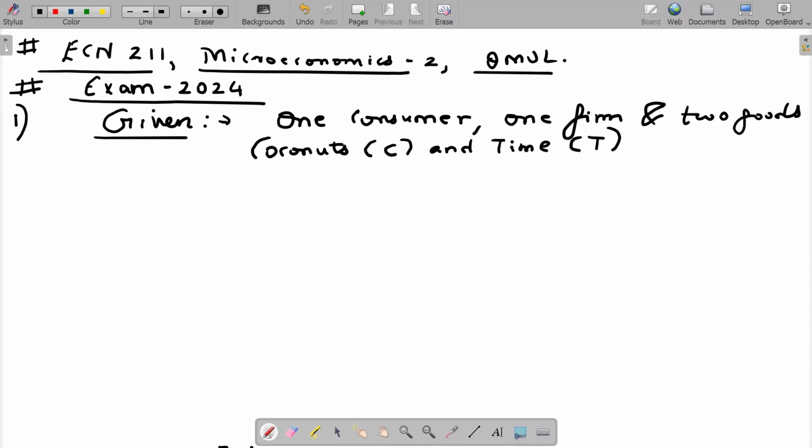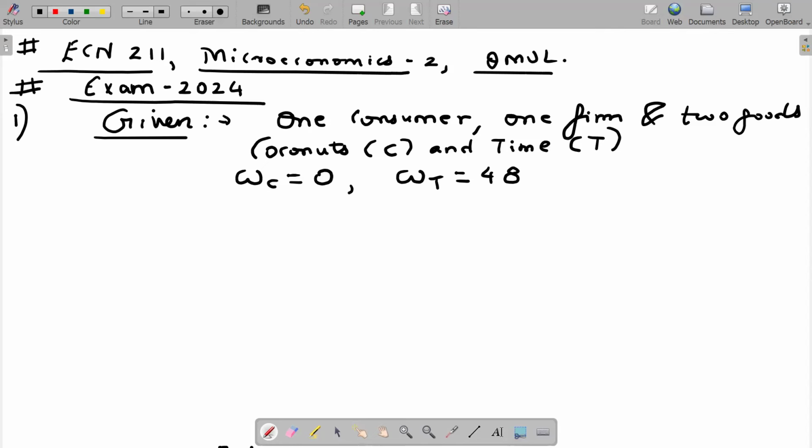We are also given that the consumer owns the entire endowment of the economy. So I can say that the endowment of coconuts is 0, which is given to us. The endowment of time is 48 units.